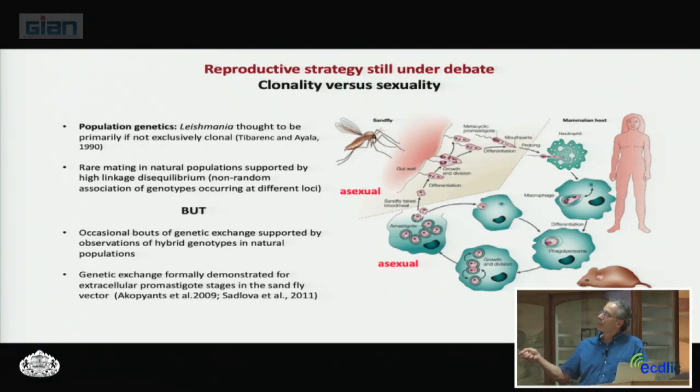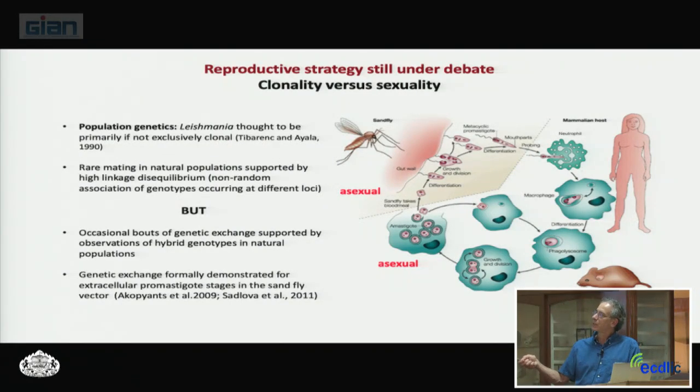This is a seminal piece of work by Tibayrenc and Ayala, the French group, that put forth this clonal theory of parasitic protozoa, that they were essentially clonal, based on what they said was either no mating or only rare sexual mating in natural populations, supported by high linkage disequilibrium.